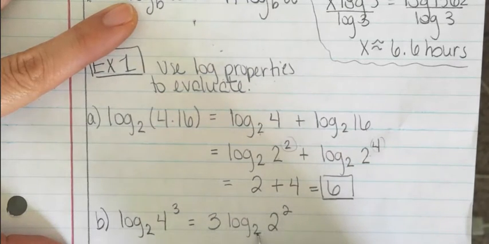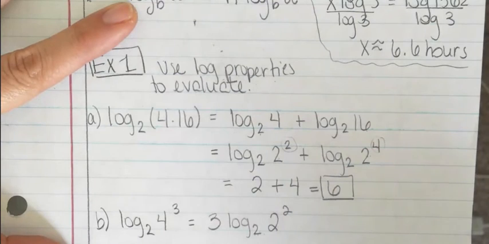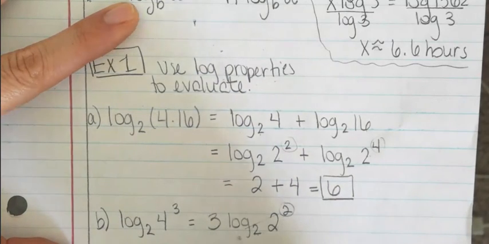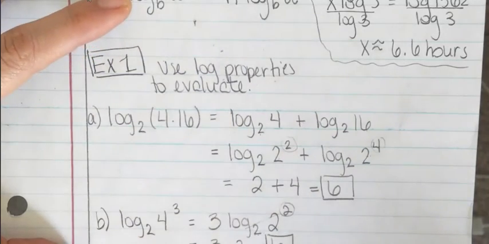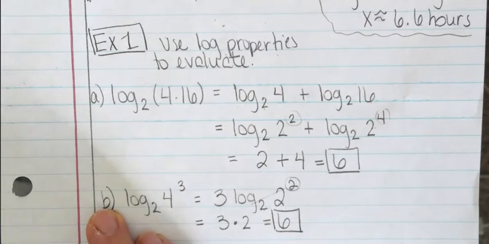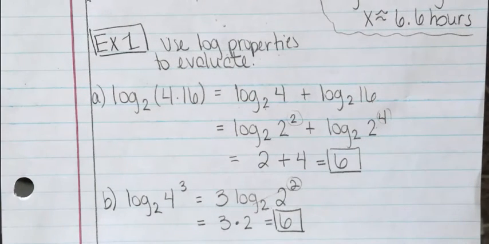So now my log and my exponential have the exact same base, which means that they undo each other. I'm left with the input times my coefficient there, which was 3 times 2. So I'm getting 6. Okay, let's do some more examples.